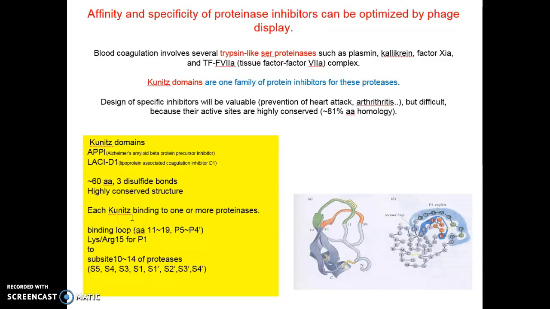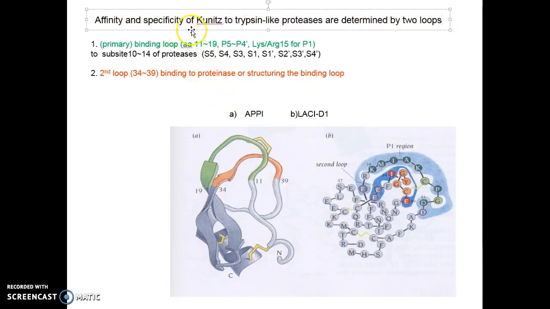Each Kunitz domain could bind to one or more proteinases. Affinity and specificity of Kunitz domains to trypsin-like proteases are determined by two loops.